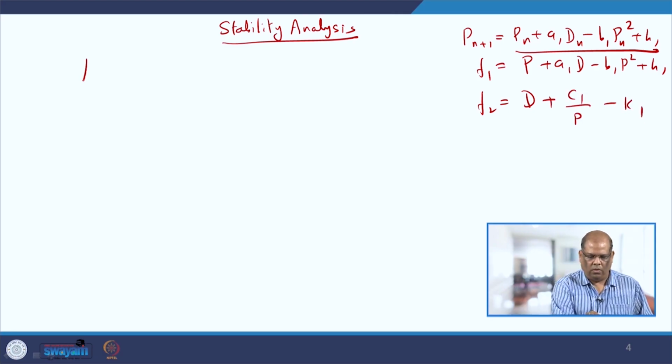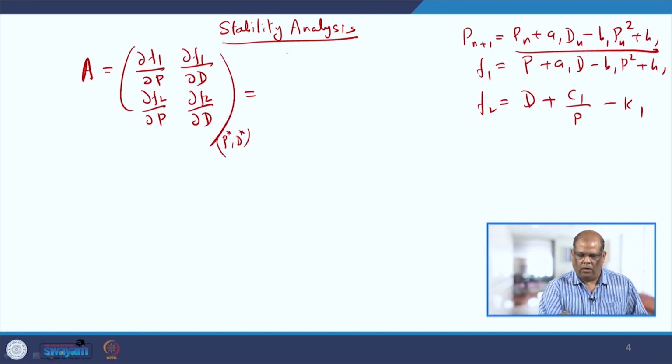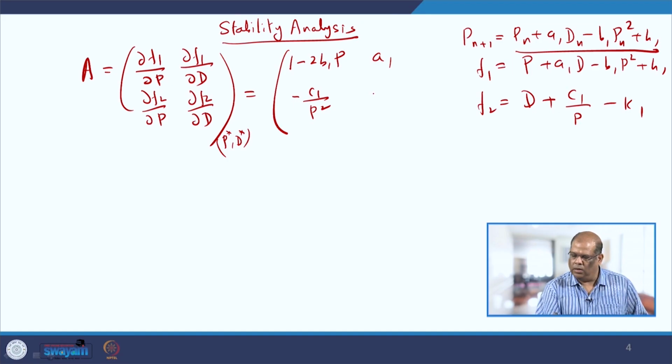So your Jacobian matrix will be del f1 del p, del f1 del d, del f2 del p, and del f2 del d, at the point p star, d star. So if I do that, del f1 del p is 1 minus 2 b1 p, del f1 del d is a1, del f2 del p is minus c1 by p square, and this is 1.